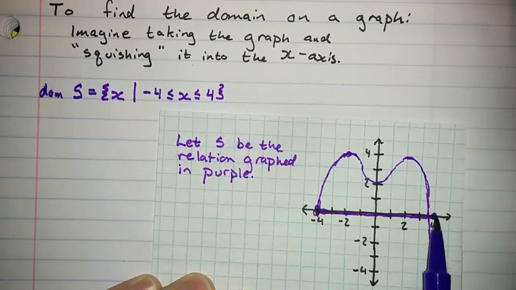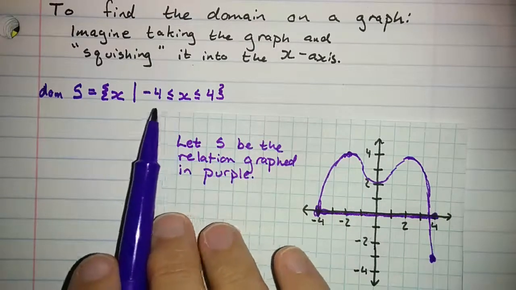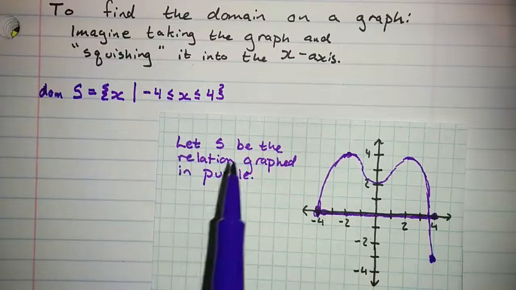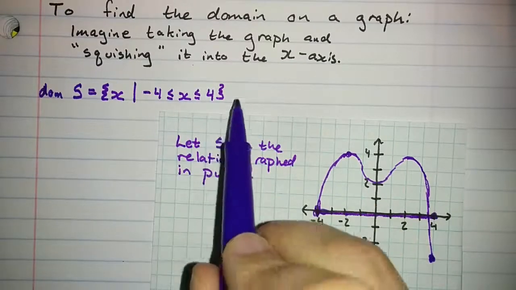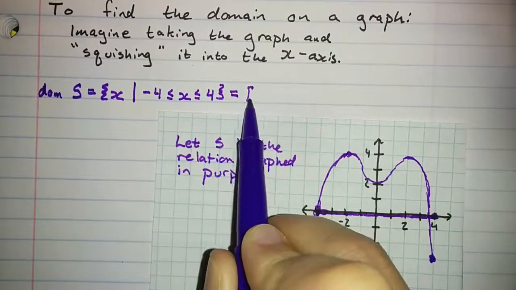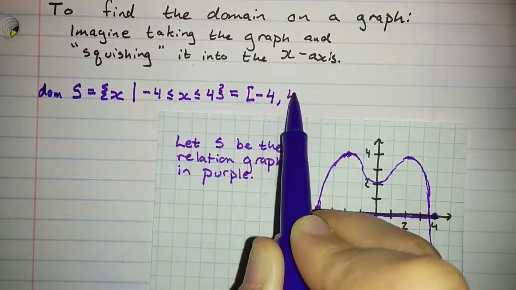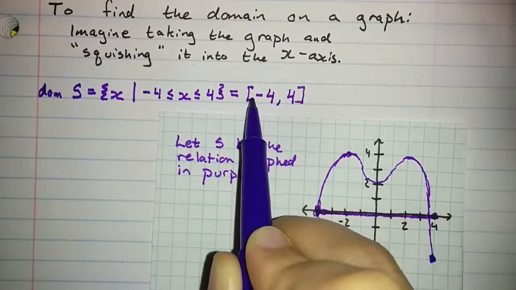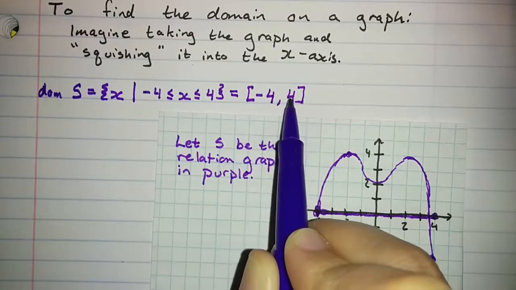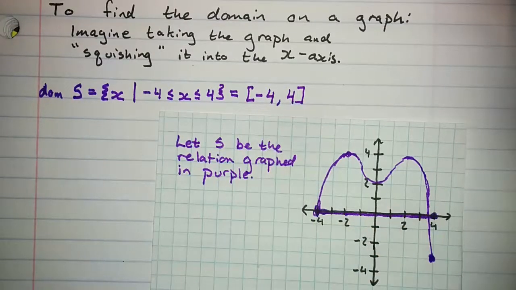It touches this point with x-coordinate +4. Now there's another way to express this set. We could express this set in so-called interval notation as [-4, 4].